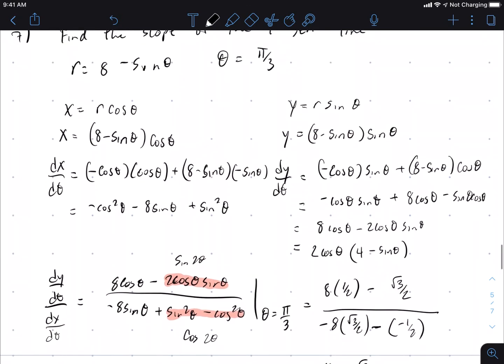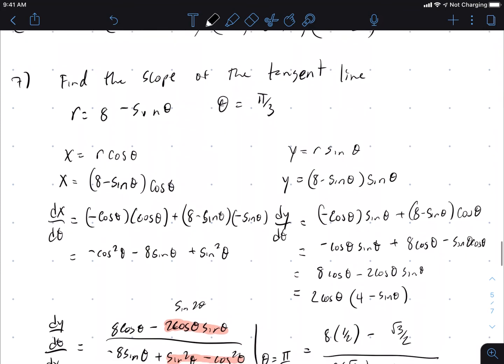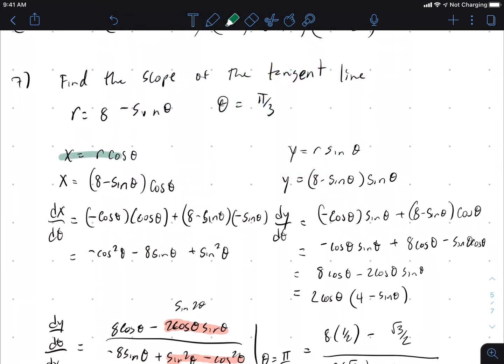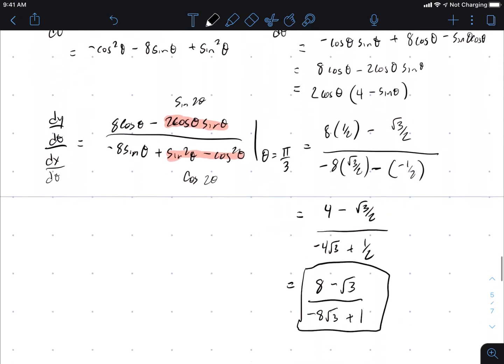Real quick, just remember that the big key trick to this whole problem is remembering this. Okay? Let's get more funky.